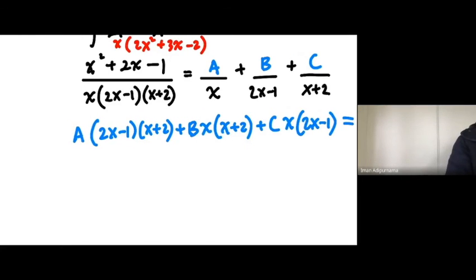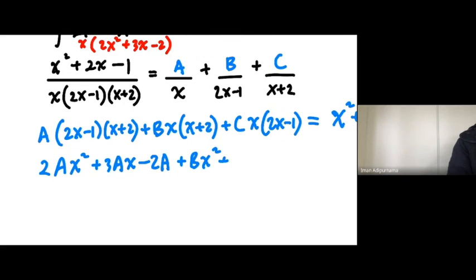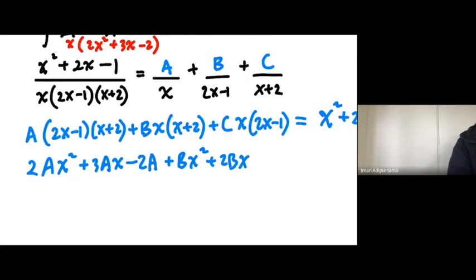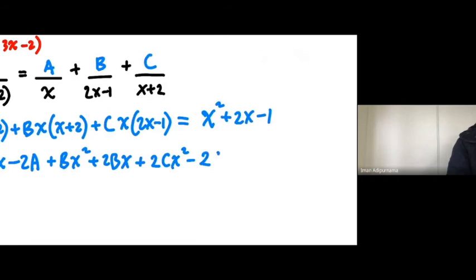So let me write in a here. So 2a x squared plus 3ax minus 2a, plus bx squared plus 2bx, plus 2cx squared minus 2cx.